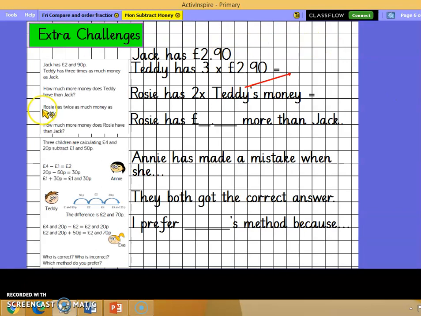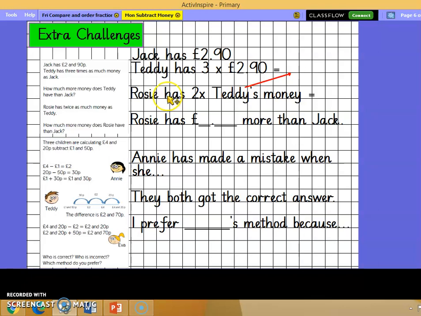Extra challenges. So read carefully. Jack has £2.90. Teddy has 3 times as much money, so we've got to do 3 times that amount. When we find the answer, we want to then find out how much more money does Teddy have than Jack.